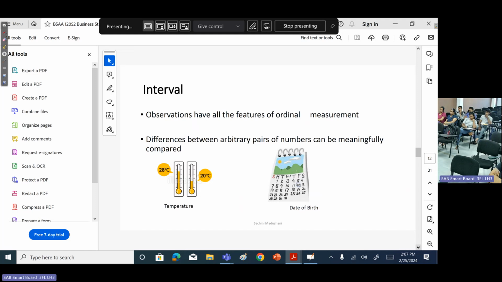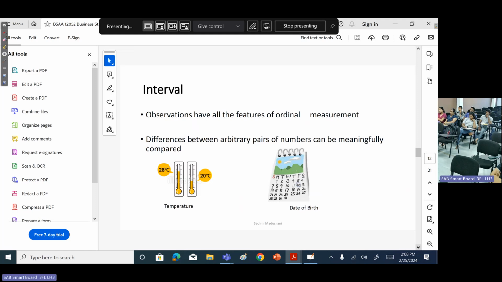Can be labeled, can be ordered. We can use equal or not equal, then greater than or less than. These four features are included in the interval scale. Then the difference between arbitrary pairs of numbers can be meaningfully compared. It is a special feature of the interval scale.